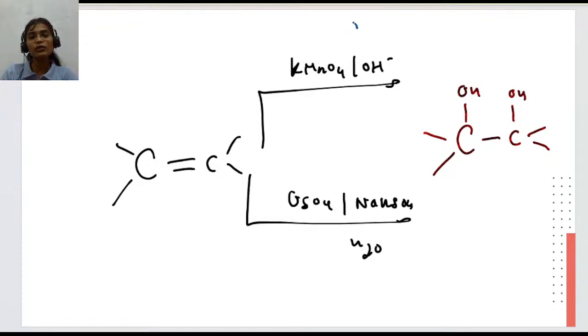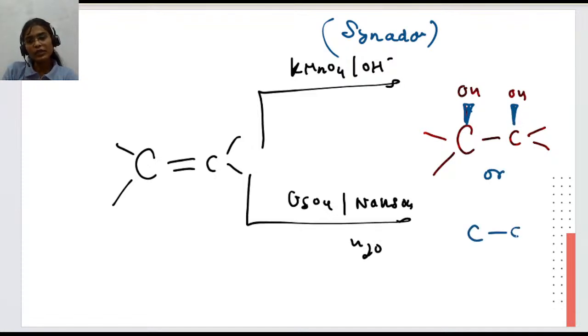If this OH is above the plane, the second OH is also above the plane, or both OH are below the plane. So the key point is that we follow syn addition, not anti. This is point number two.